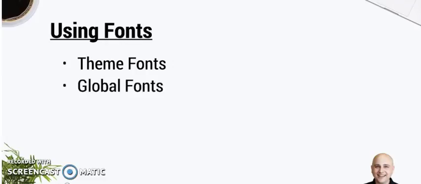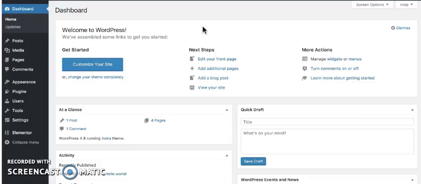The second is using the global fonts option from within Elementor, and I'm going to show you that. And then on an element by element basis, you can control the fonts there, but you lose that global ability to change those fonts. So let's take a look at this and see how they all work.